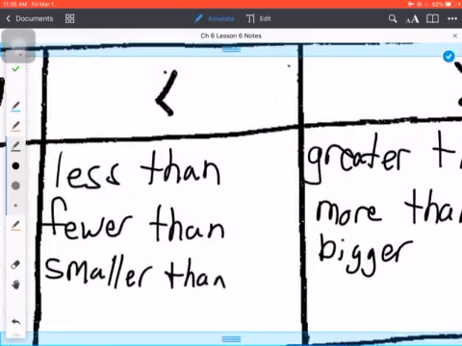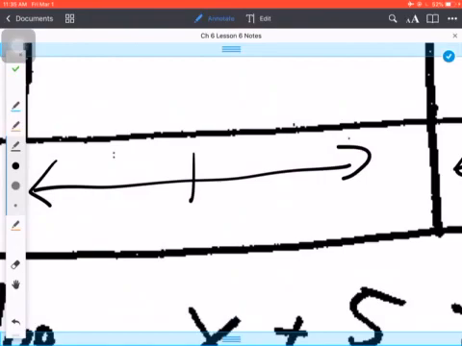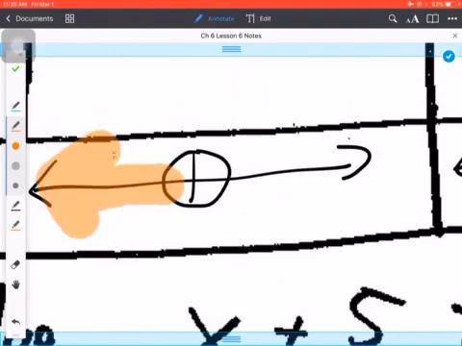And when we have the less than symbol, normally what we would have done if it was x equals 3 is simply put a dot at that spot. But we're not going to do that in this case because it's less than a number, which means it can't be that number. So we're going to put an open circle there. And it's going to be pointing off in this direction.